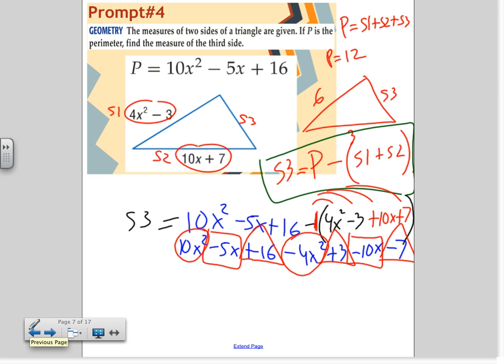What's that going to become? 6x squared, right? Next, so cross them out. One more down. -15x, very good. Done. What else? Plus 12, plus 9. No, 9 and 12. Negative 16 plus 3.